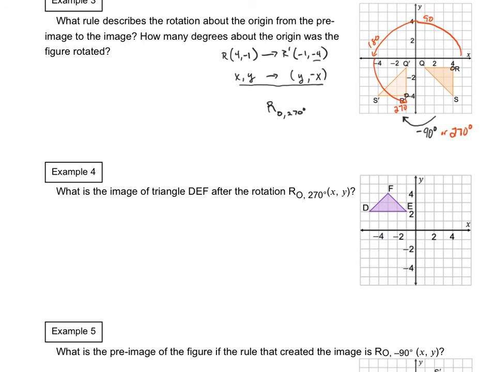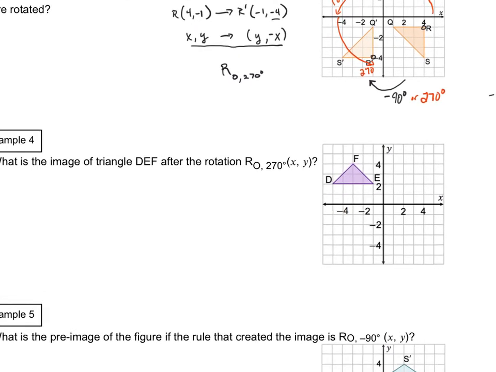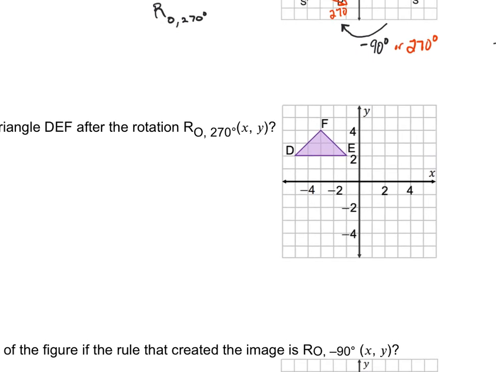And continuing on here, example number 4: what is the image of triangle DEF after the rotation about the origin 270 degrees? Well, we remember the rule here.